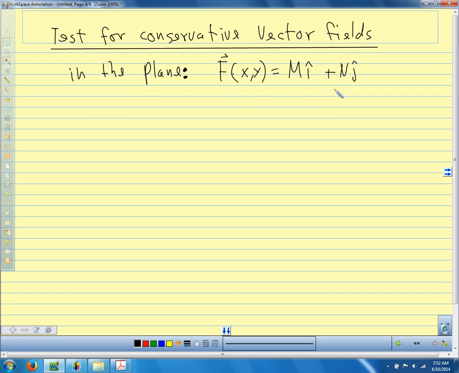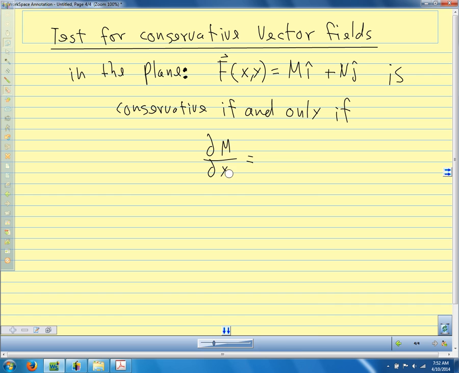This vector field is conservative if and only if the partial of M with respect to y equals the partial of N with respect to x.